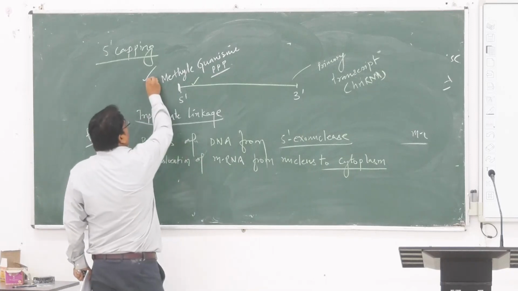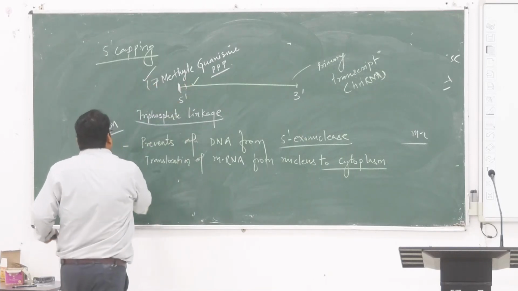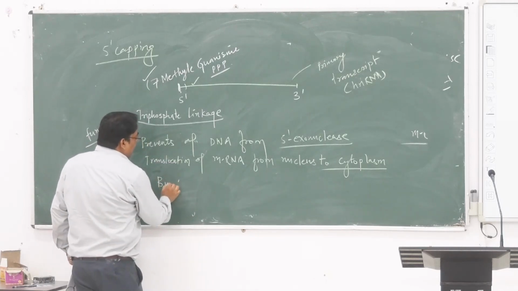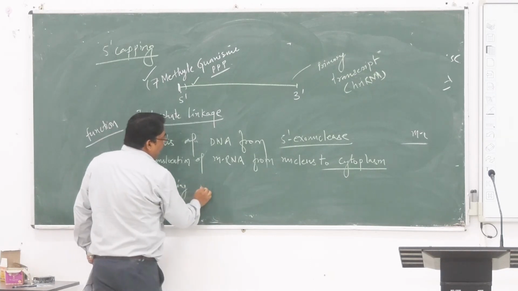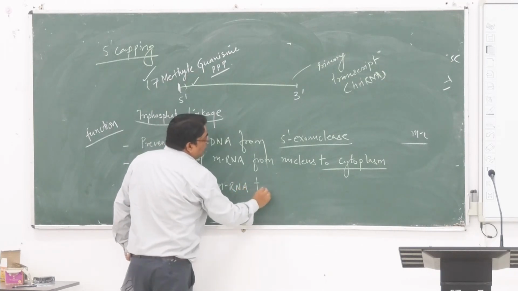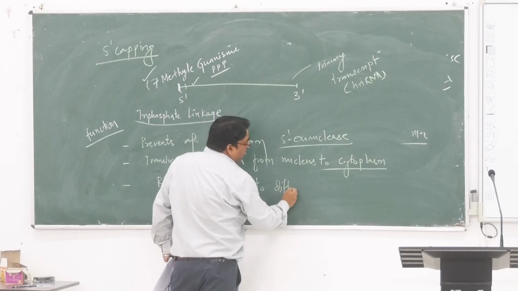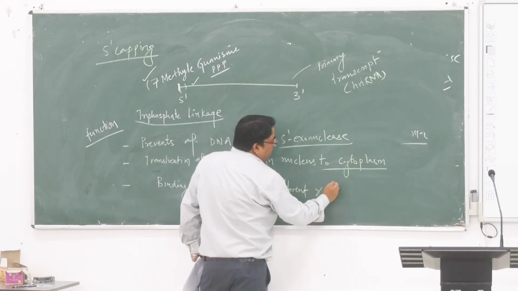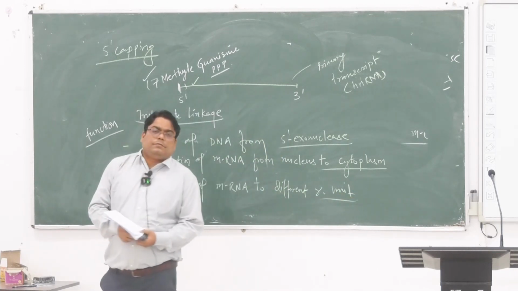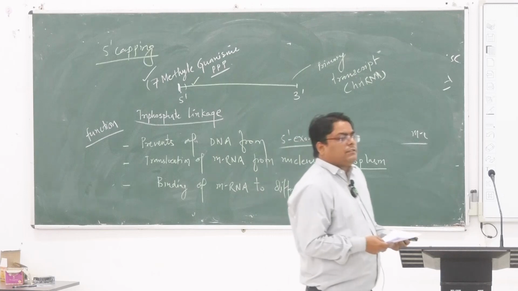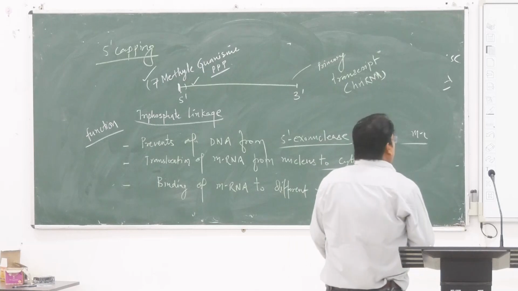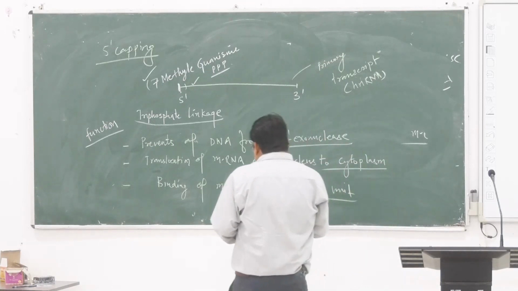Third, it is helpful for binding of mRNA to the ribosomal unit. This is called 7-methyl guanosine triphosphate capping, which we call 5 prime capping.